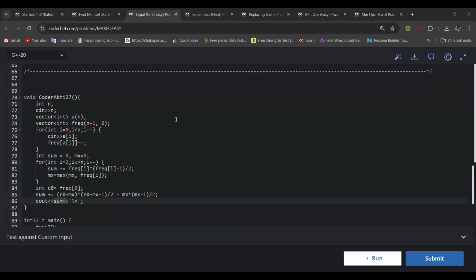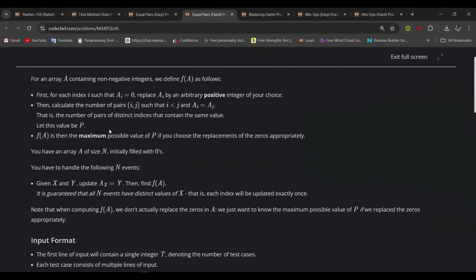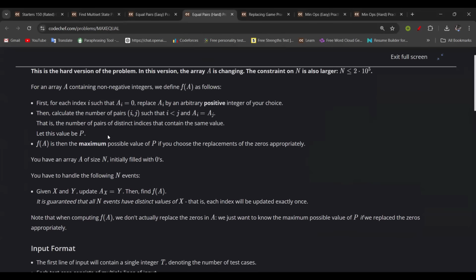So now we can move to the harder version of this problem where there is something extra. In the harder version, the starting statements are the same: you are given an array A having non-negative integers and FA is defined.